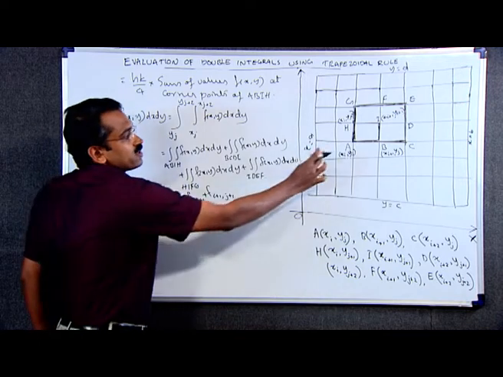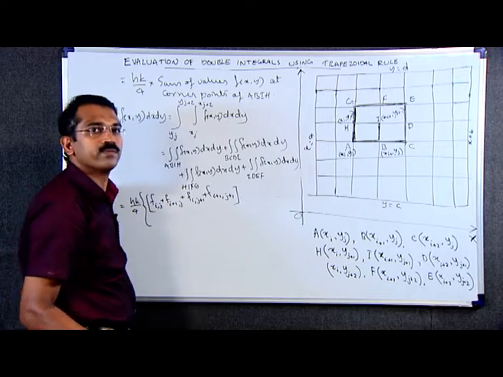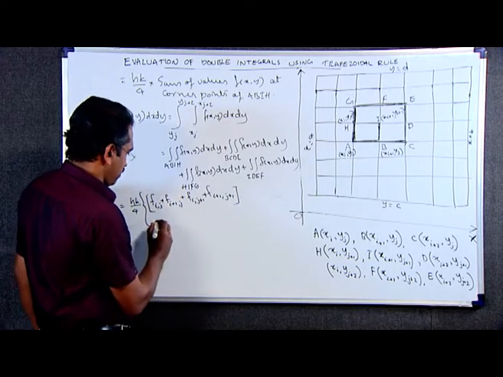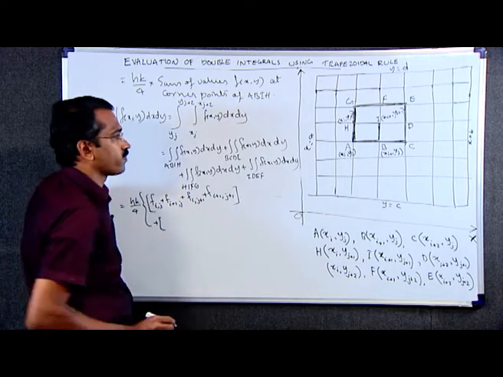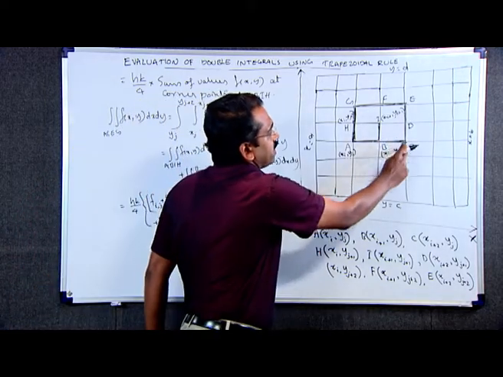This is for this rectangle, plus f of i plus 1 comma j for this rectangle BCDI.